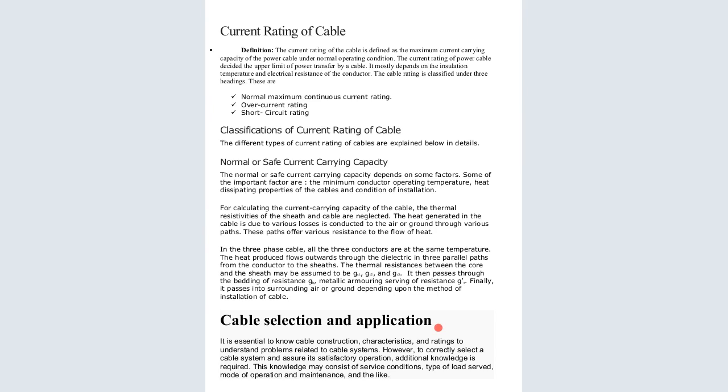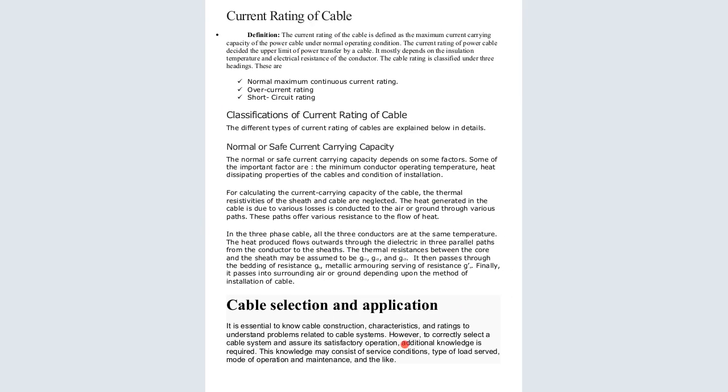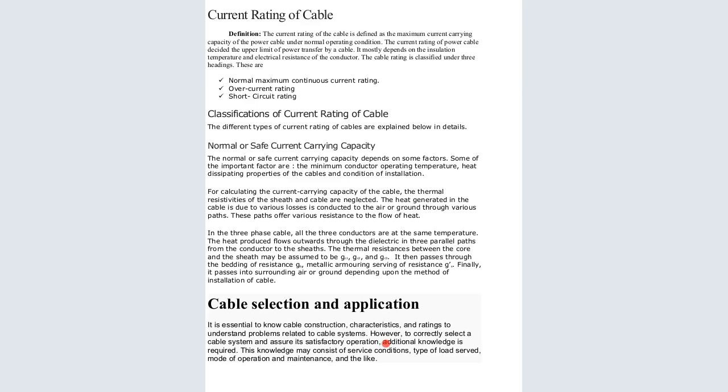And then the heat generated in the cable is due to various losses, which is conducted to the air or the ground through various paths. Now, these paths offer various resistance to the flow of heat. So in three-phase cables, all the three conductors are at the same temperature.